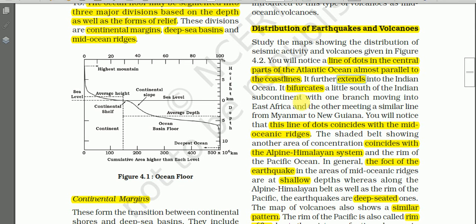And it bifurcates, divides into two, a little south of the Indian subcontinent, with one branch moving to East Africa and the other meeting a similar line from Myanmar to New Guinea.